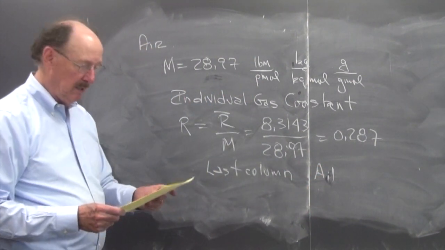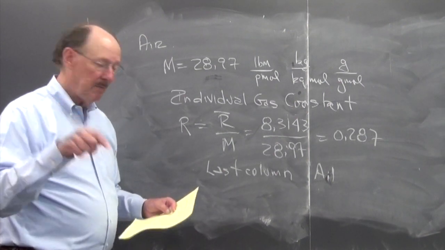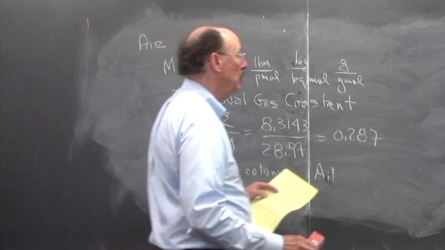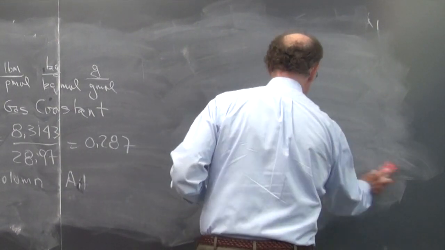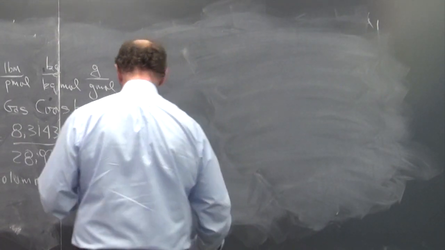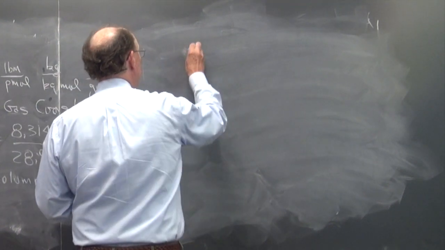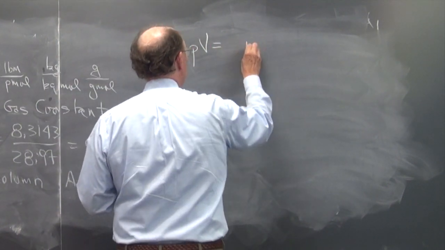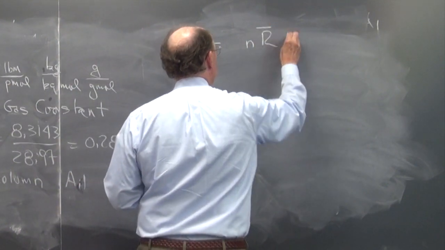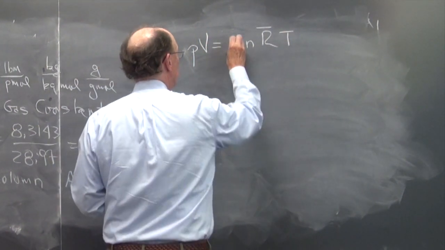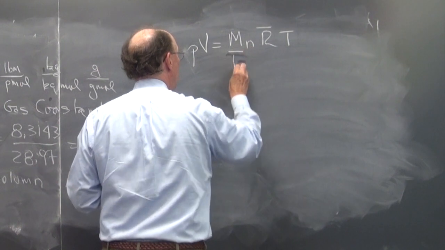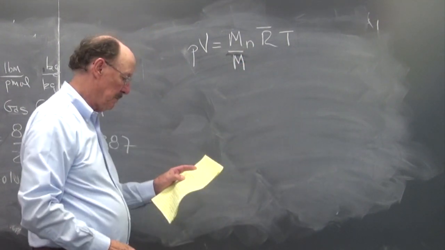Now let's look at the ideal gas law, and we'll change it from the mole basis to the mass basis. So I have PV equals N R bar T. And what I want you to do is leave a little space here, you'll notice, so I could divide M over this.